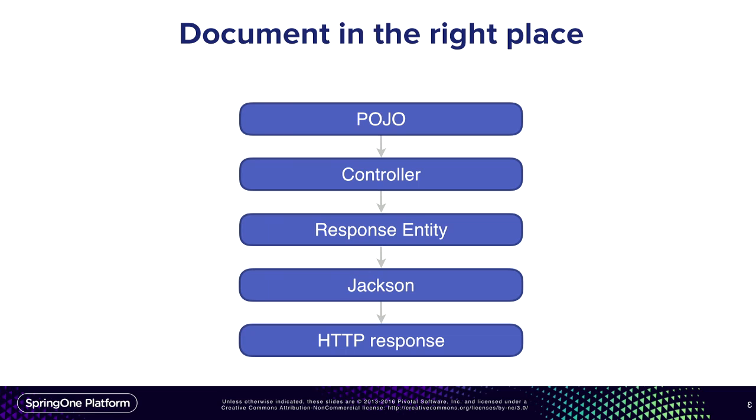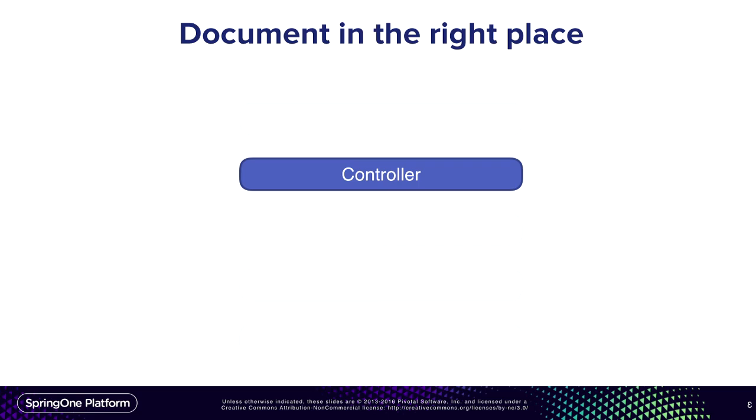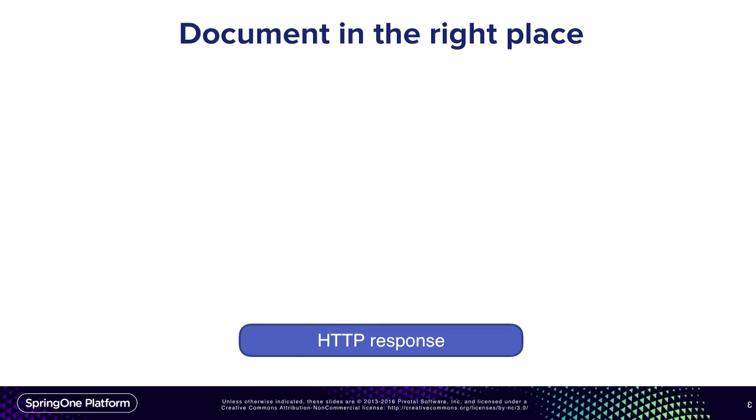If you use a tool like Swagger, it actually looks at your controller, adds some annotations there, and tries to deduce information by doing static analysis of your code. But the flaw in that system is that it's in the wrong place, because you should really be documenting the HTTP response. How can Swagger figure out what Jackson is doing?